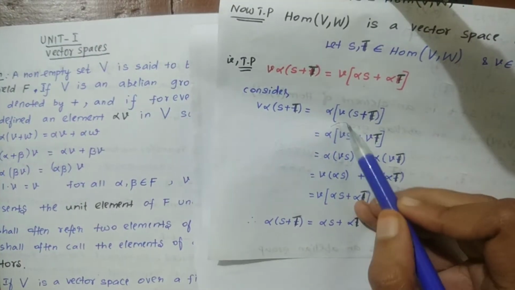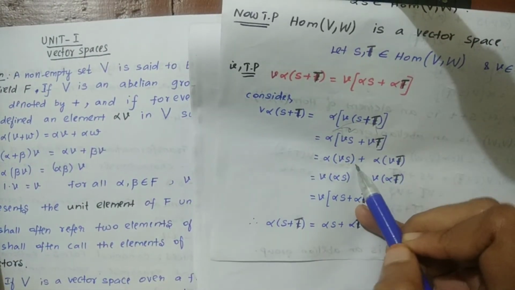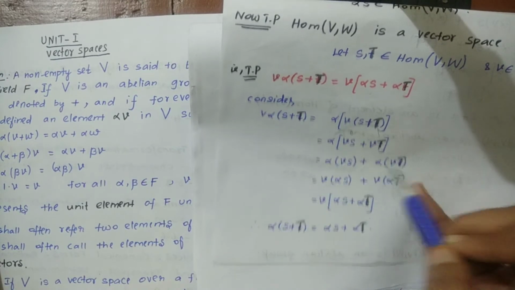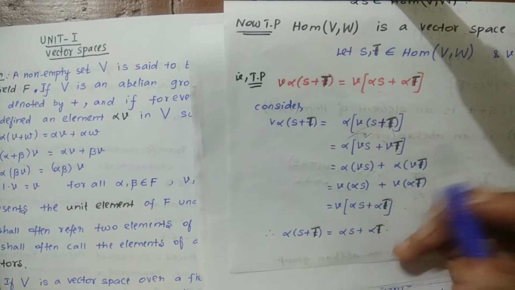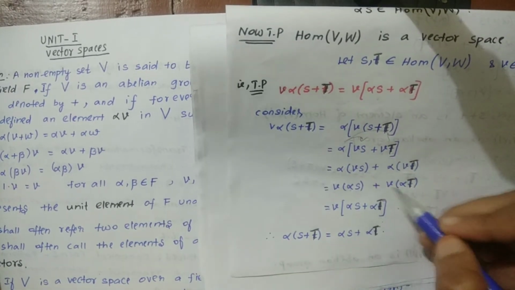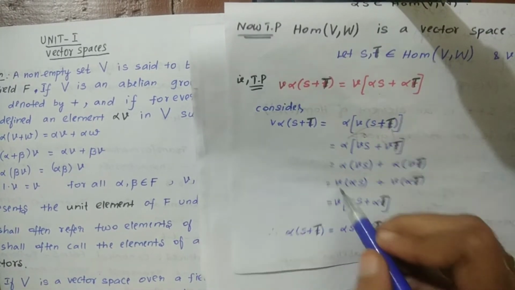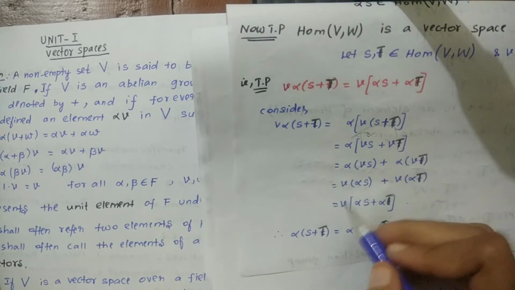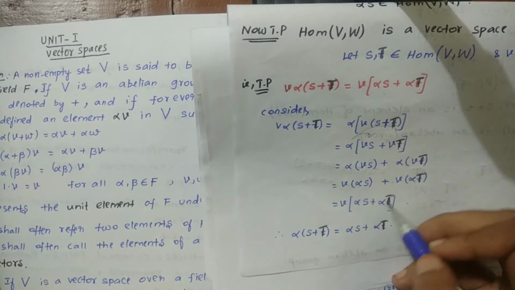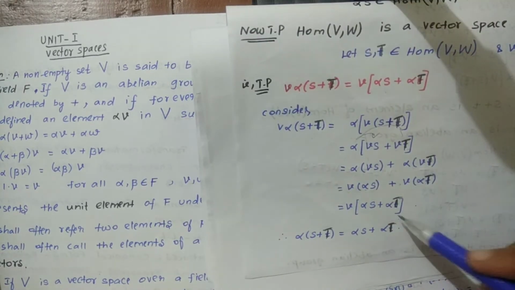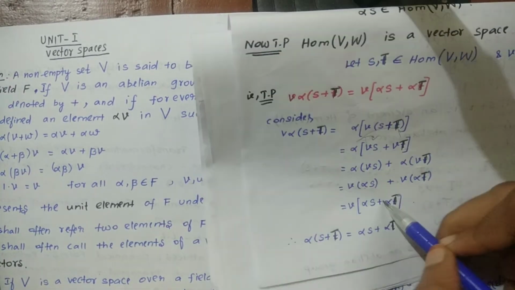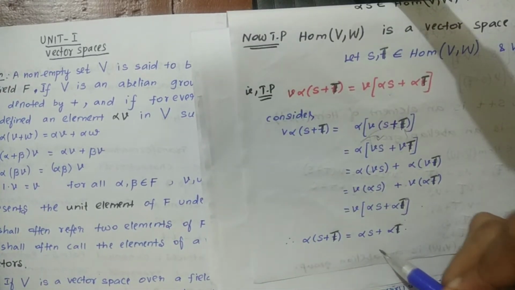So here multiply alpha in the next step. So alpha of Vs plus alpha of Vt. So alpha, take V outside, alpha is in one bracket. So V of alpha s plus V of alpha t. So from this you can take V common, so that you get V of alpha s plus alpha t. So here what you can say, left hand side is equal to this value. You got this, right? So you have proved the required condition.